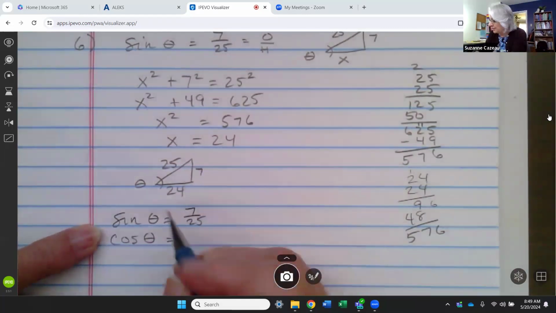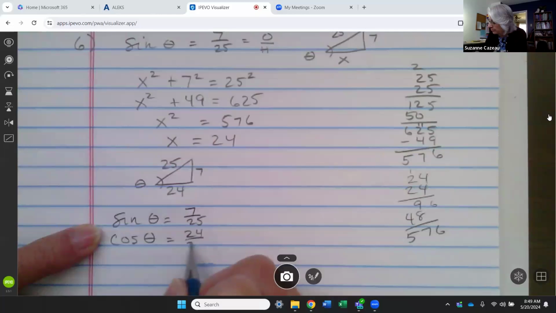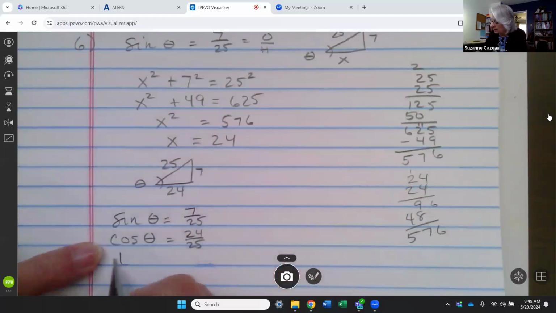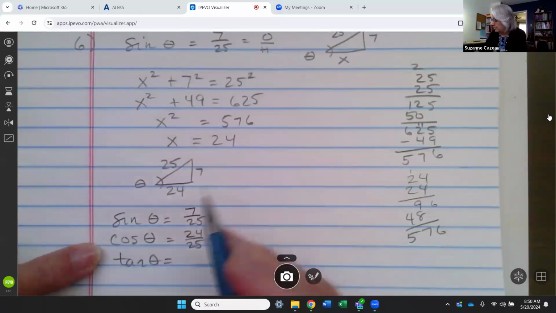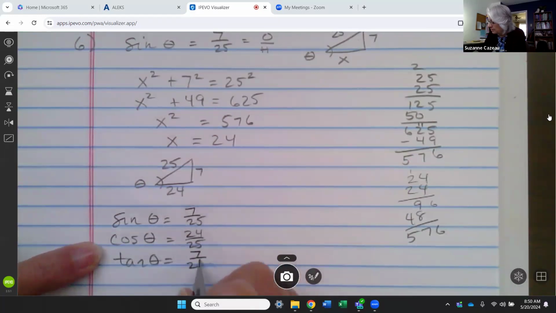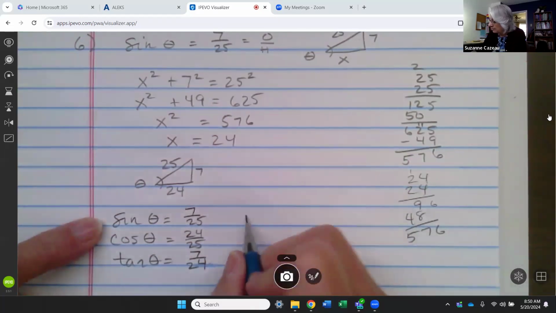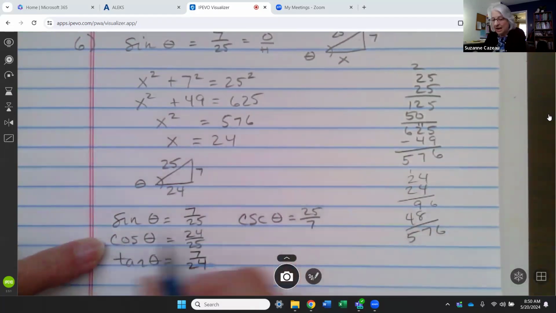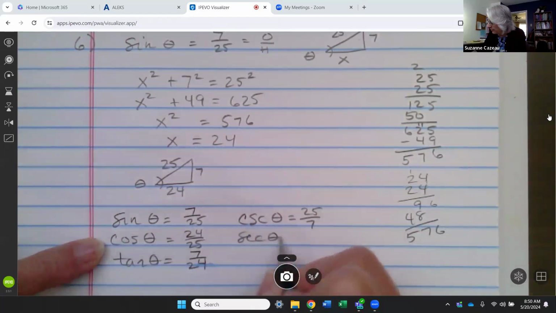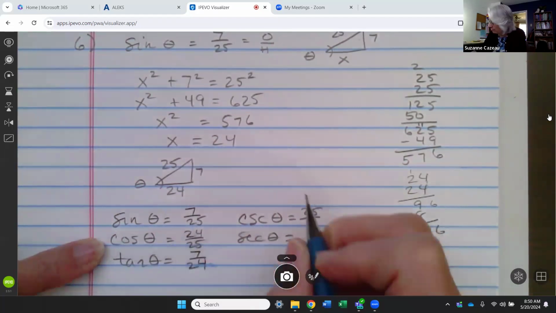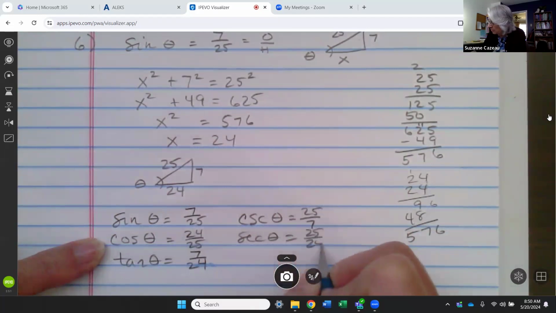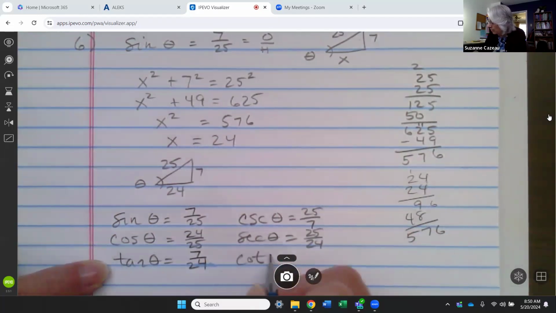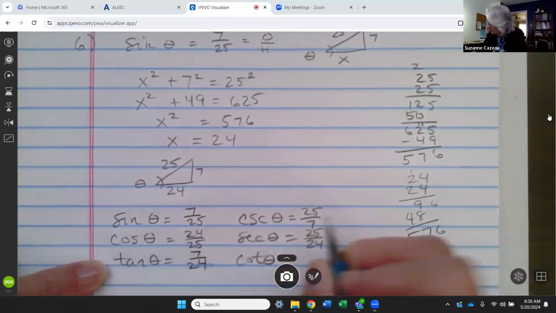Cosine of theta is adjacent over hypotenuse. And tangent of theta is opposite over adjacent. Cosecant theta is going to be 25 over 7. Secant of theta is 25 over 24. And cotangent of theta is 24 over 7.